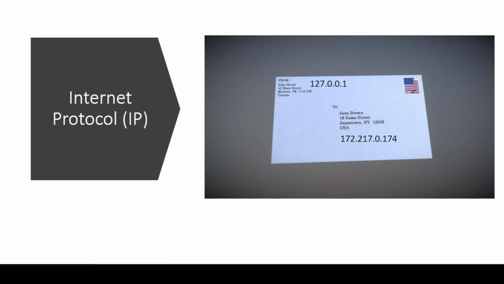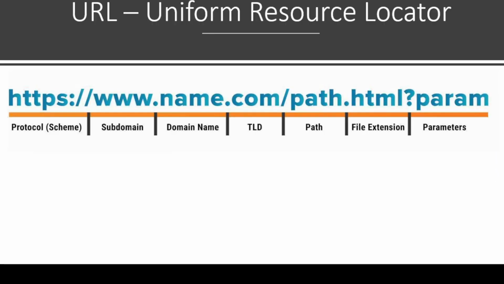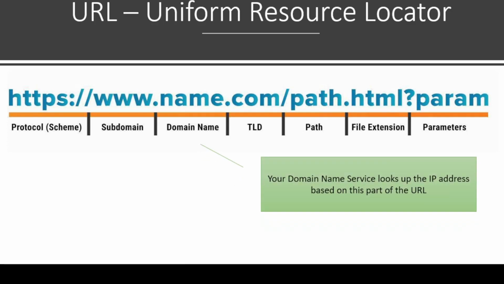Now, you're probably quite aware you don't type in these big long numbers all that often when you want to use the internet, because there's a layer that sits on top of it called the URL, the Uniform Resource Locator, which essentially is a way of looking up stuff online. And the core of that is this domain name service in the middle.